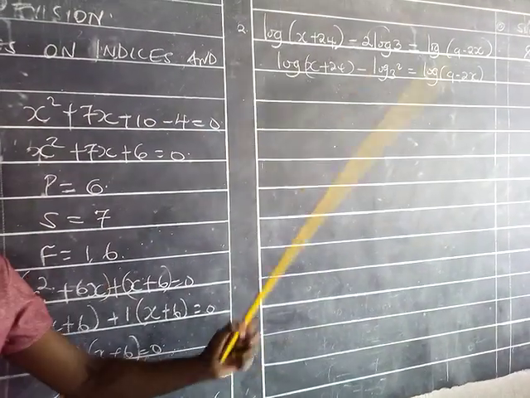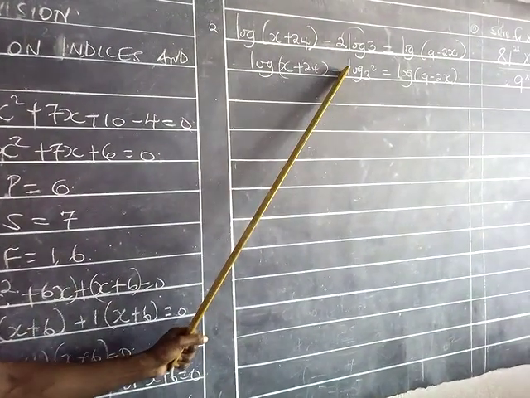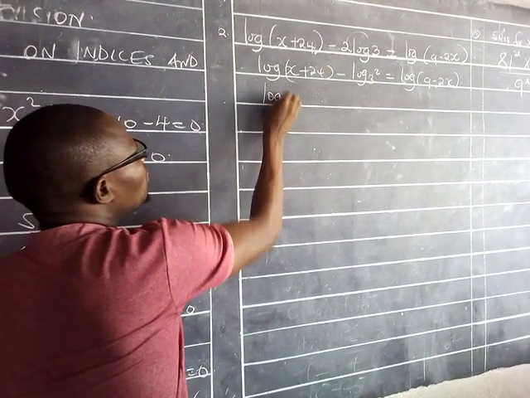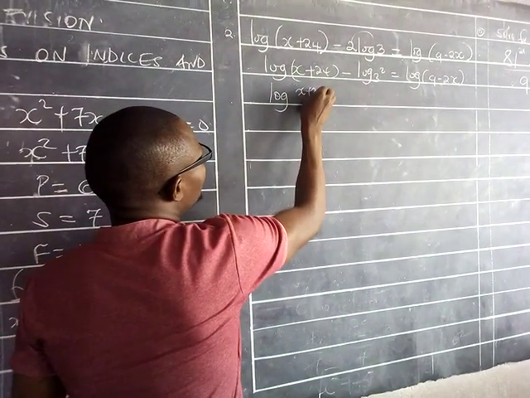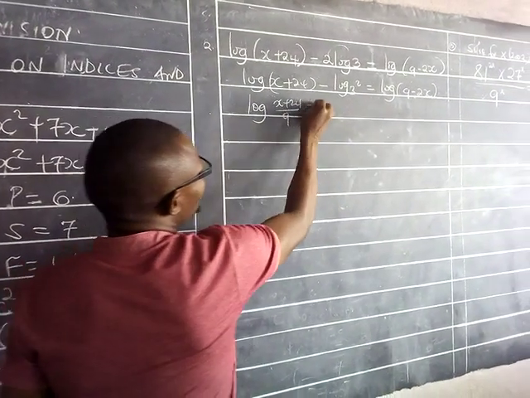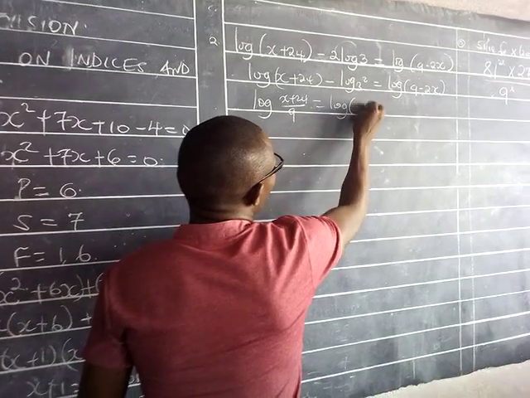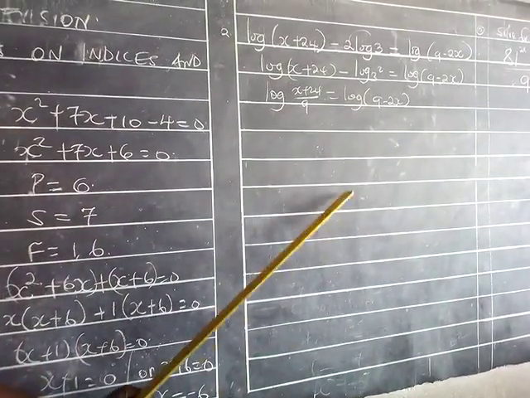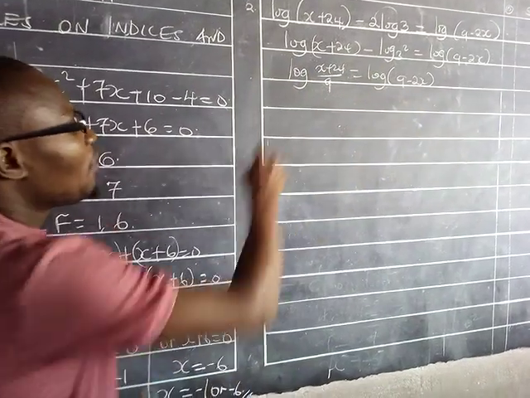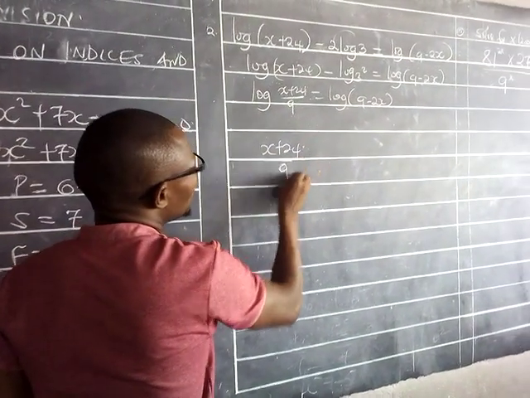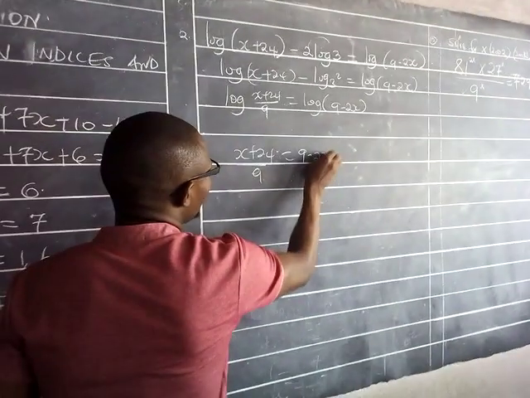Now, having written that, I am subtracting the logs, so I'll divide the indices. So I'll have log of x plus 24 over 3 squared gives me 9 is equals to log into 9 minus 2x. Then I drop the logs and equate the indices, so I'll have x plus 24 over 9 is equals to 9 minus 2x.